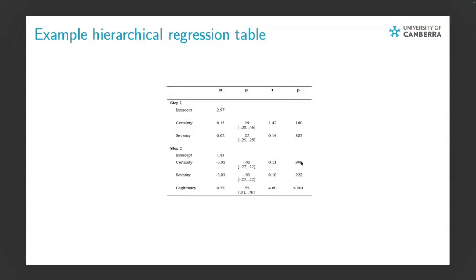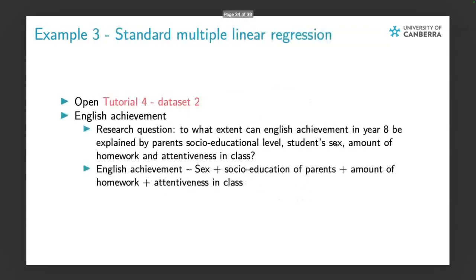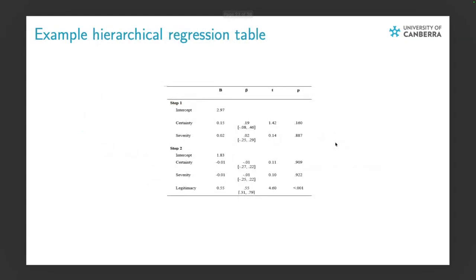And step 2, you have the same with legitimacy in there as well. Yeah? And you can see how these estimates change as a function of including legitimacy into the model. Excellent. Any questions about any of that? No? In saying that, I think you all deserve a 10-minute break.